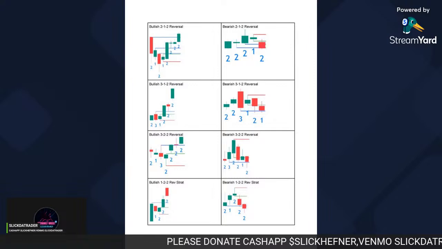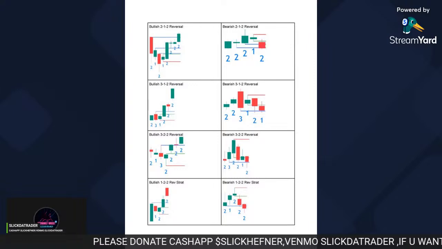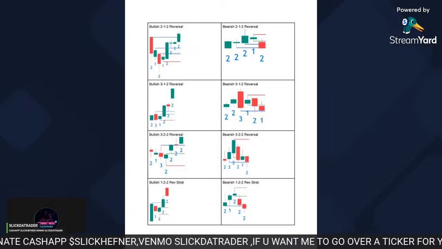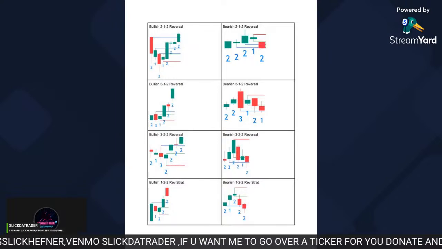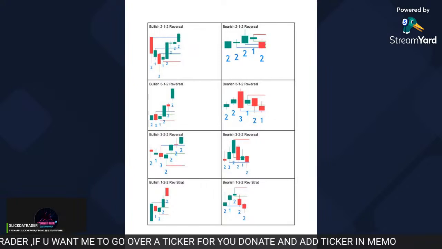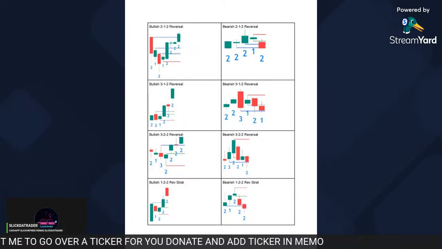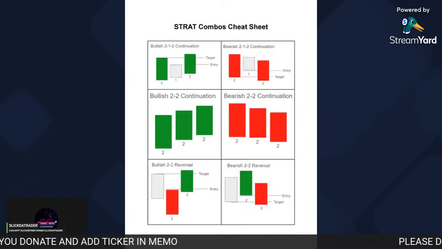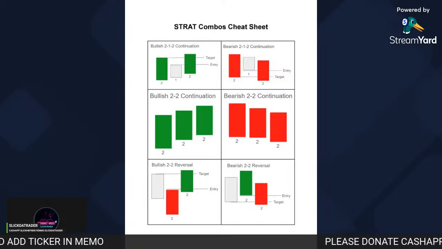As you can see right here, this is a 3-1-2. This is another combo, which I also like to trade. And look, you had a 3, which is an outside candle, to an inside candle consolidation, and then a 2, boom, we came down and it continued. All right, then you got 2 continuations.